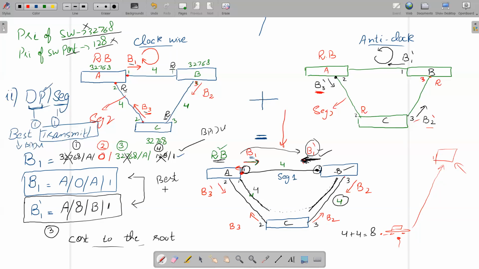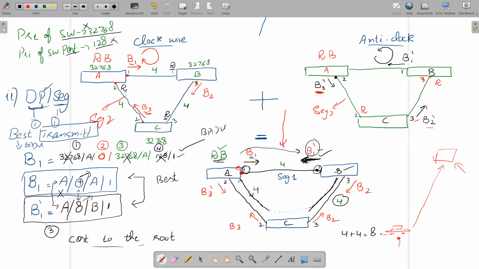How can we distinguish between the best and the worst, the superior or inferior? You can see the first field is the same for both. When you compare the second field, you will figure it out. This cost is the lowest and this is the greater cost. So the lowest value always wins in switching.